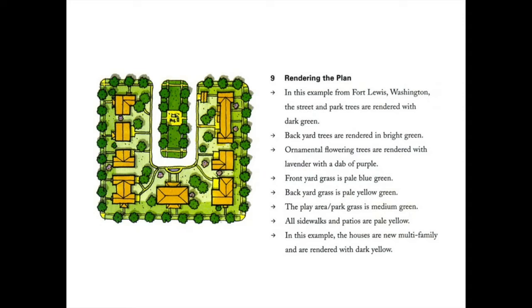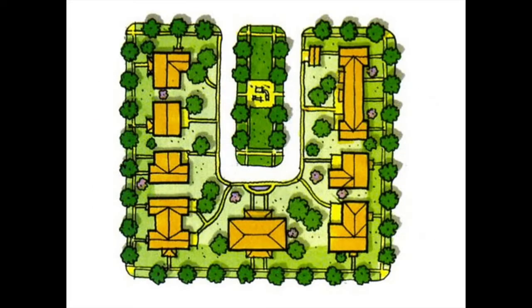See how the front yard is a different green than the backyard, and that the public park is a different green than everything else. It's helpful to remember that they are using those greens to illustrate the different publicity of different land versus another.